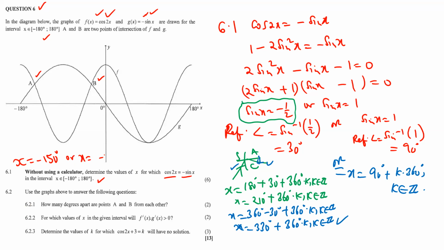Minus 30. Or x is 90. Okay, well, look at the solutions between minus 180 and 180. So obviously here, when k equals 0, we have x equal to 90.